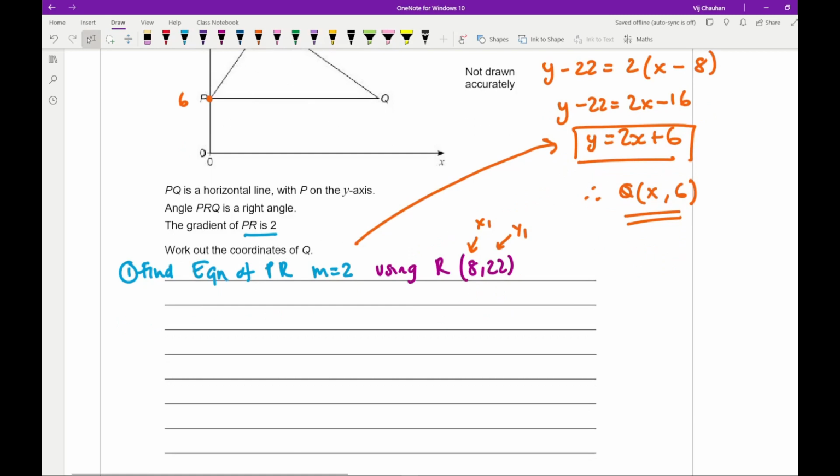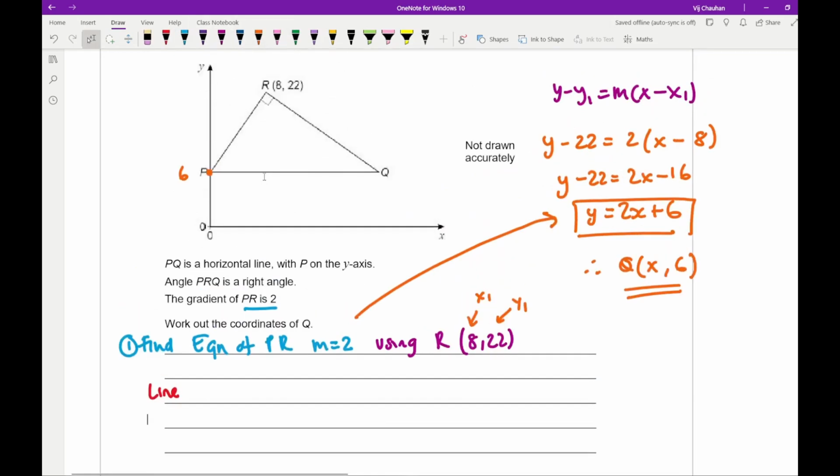Then what I need to do is, we know that the line PR is perpendicular to QR. So that means the QR gradient is going to be the negative reciprocal of the gradient of PR, so it's going to be minus a half.